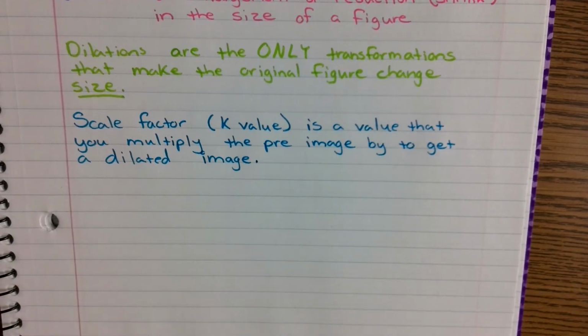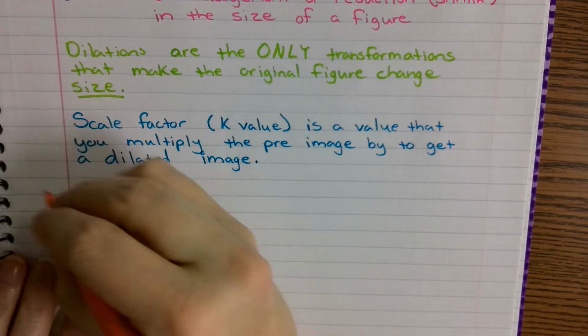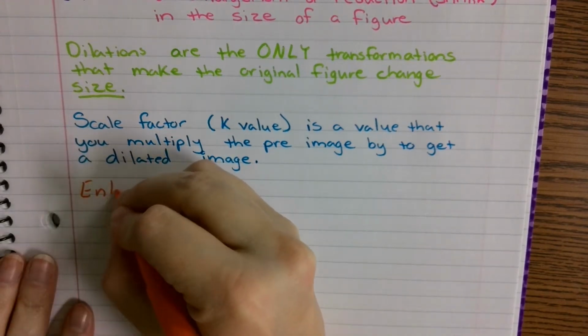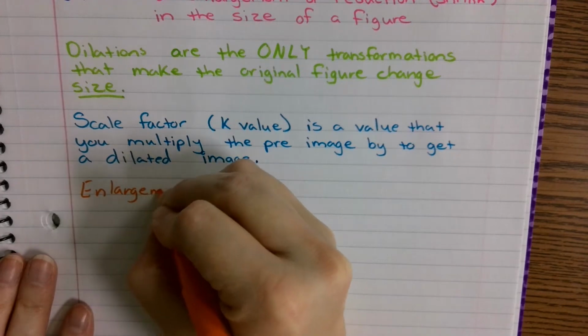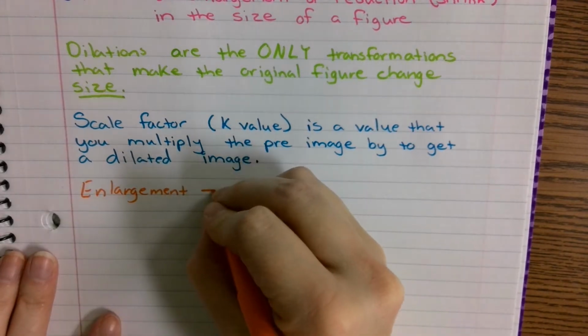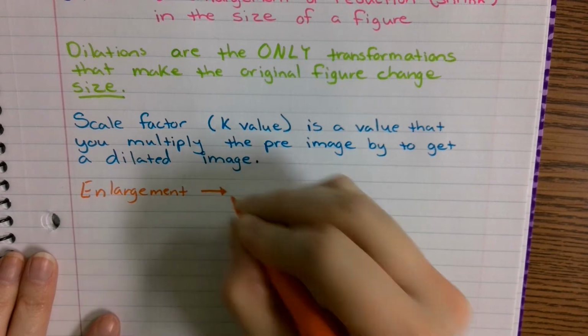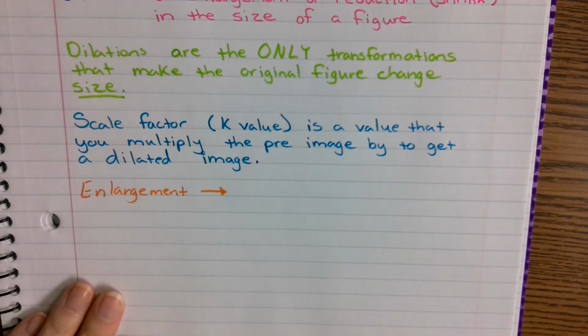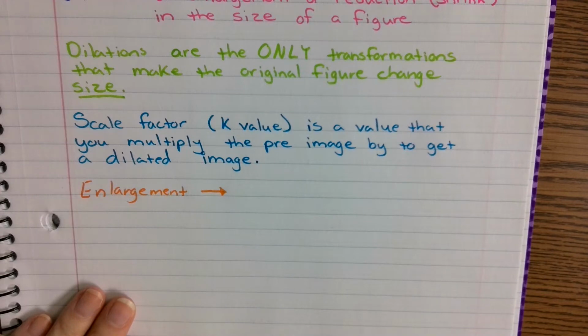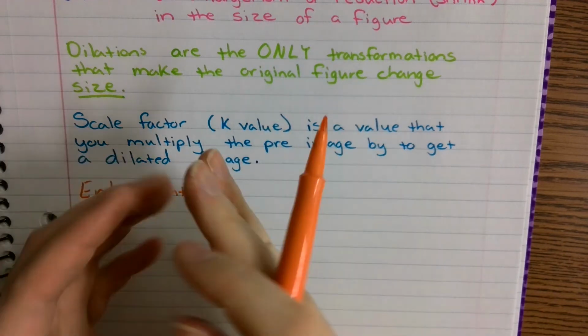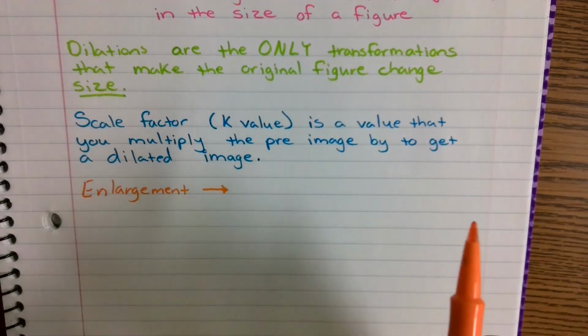Okay, and like I said before, you've got two different ways to dilate your figure. You can dilate it by making it an enlargement. And it's important to keep it proportional. So how many of you have ever, when doing a class project, taken an image from Google and put it into your Word document and you're like, oh, I want it to be bigger, and you start moving it by the sides or by the top and the bottom, and it changes the look of the picture.